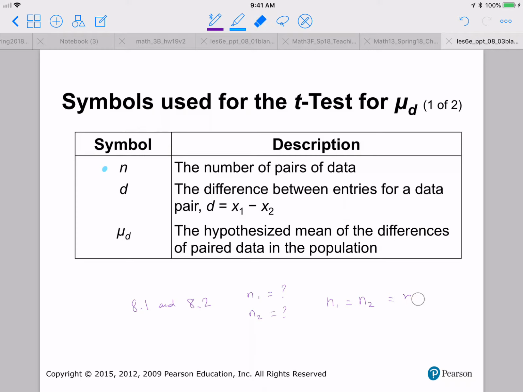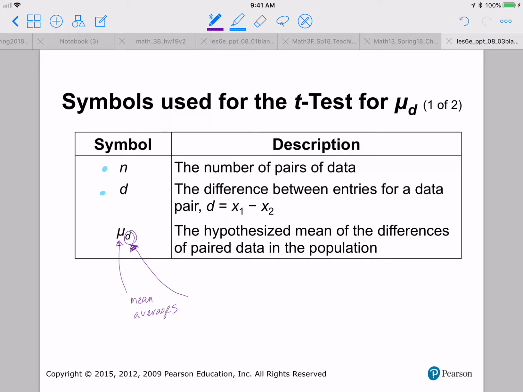D is the difference between entries for a data pair, and mu sub D is the hypothesized mean of the differences of paired data in the population. The mu part is telling us that we're working with means or averages. And then we have this little subscript of D, which is saying, hey, look, we're not looking at the average of sample means.